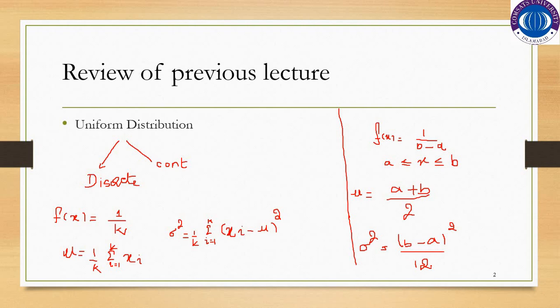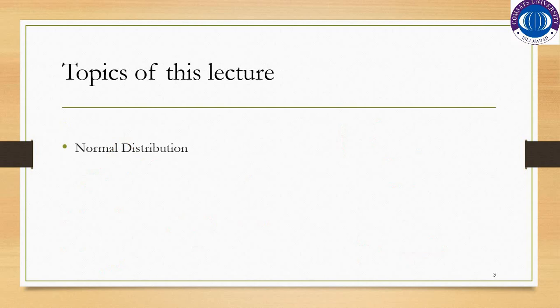So this is the case of continuous and discrete uniform distribution.